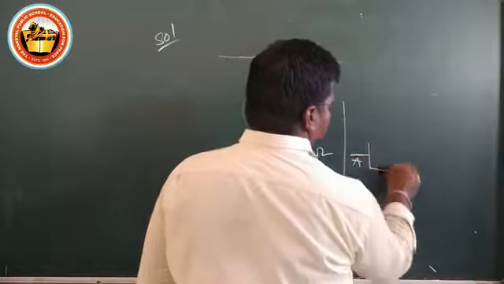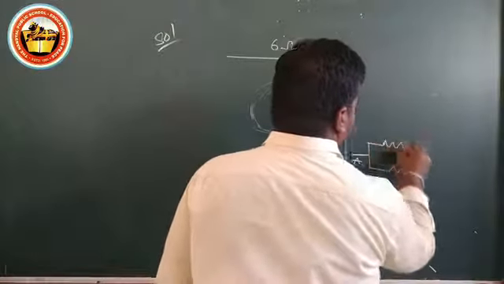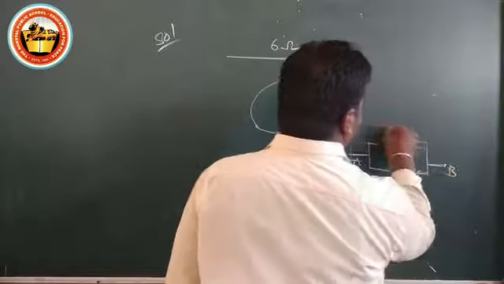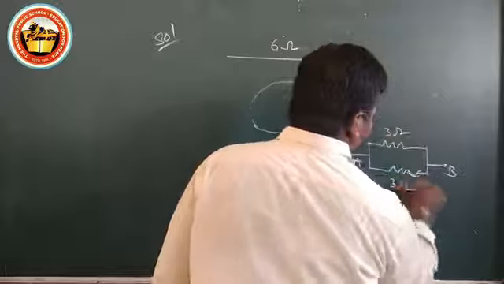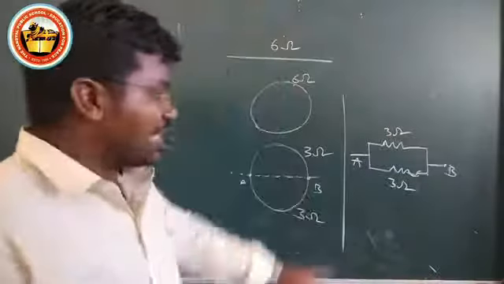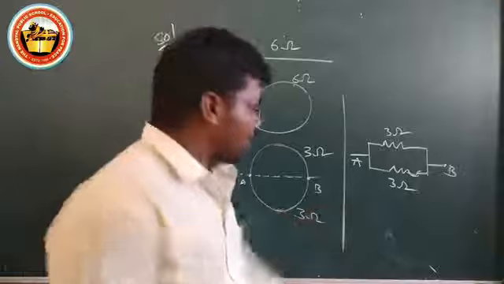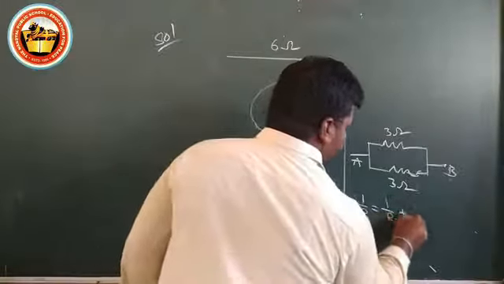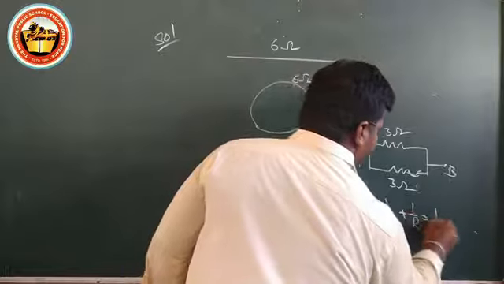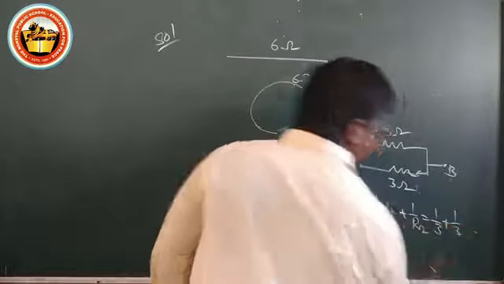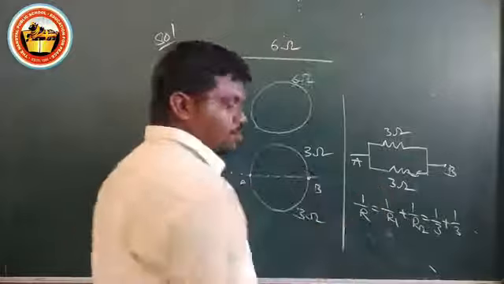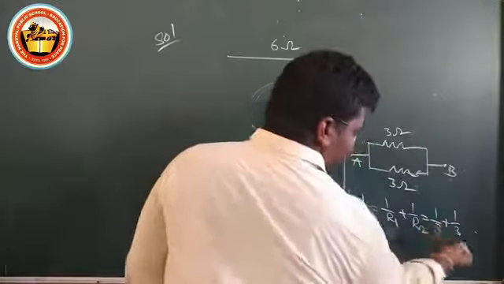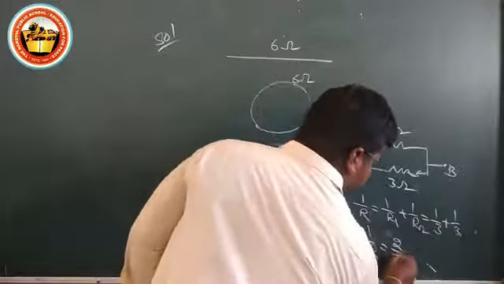Between A and B, we have 3 ohms and 3 ohms in parallel connection. So what is the formula? 1 by R is equal to 1 by R1 plus 1 by R2, which is 1 by 3 plus 1 by 3, because R1 and R2 are the same. 1 by R is equal to 2 by 3.